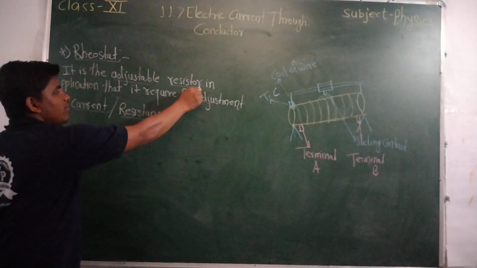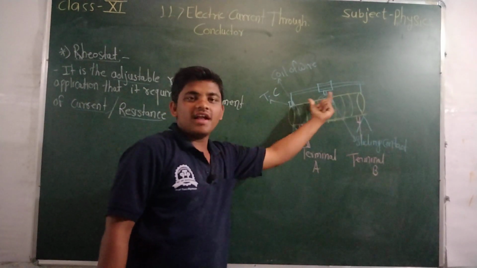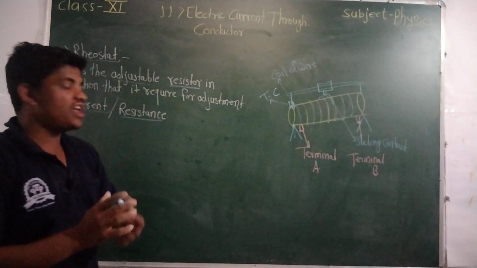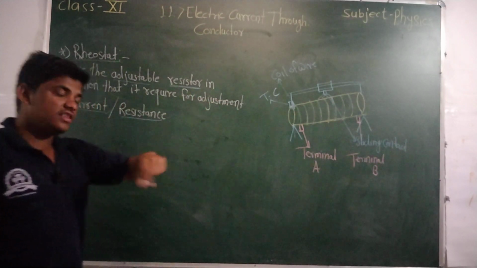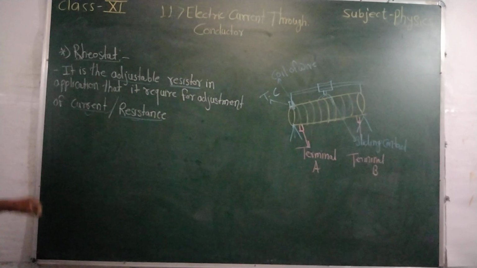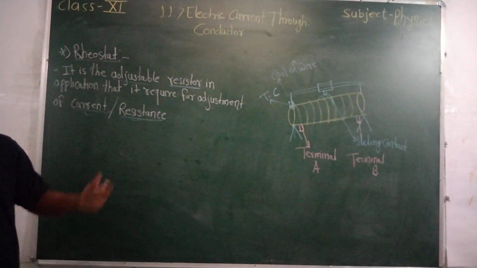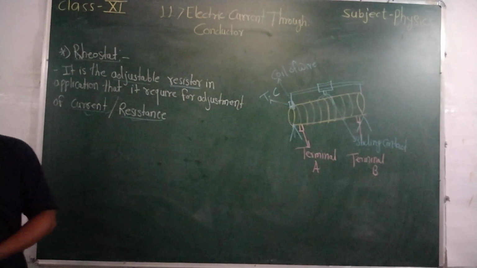It is an adjustable resistor. When we move the sliding contact, the resistance changes, and when the resistance changes, the current also changes.